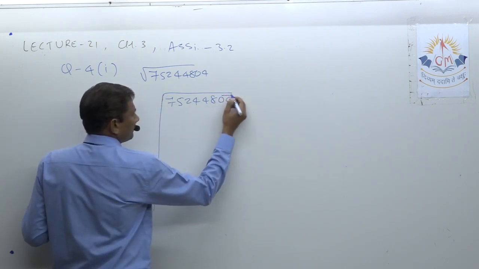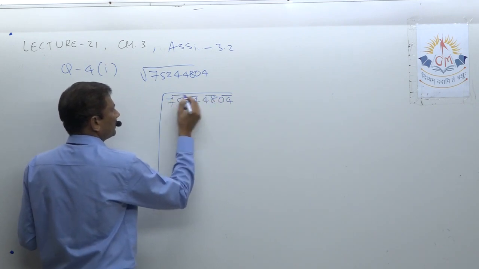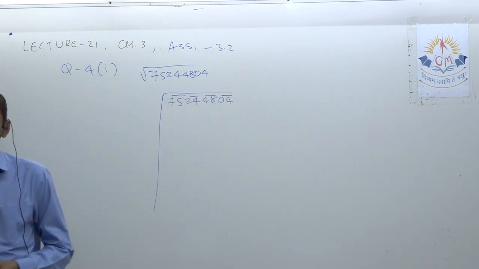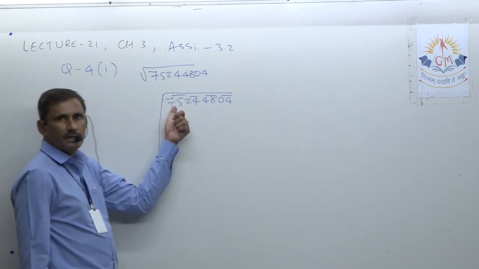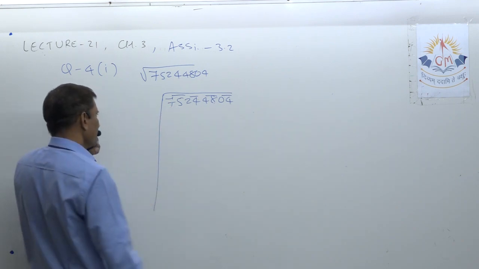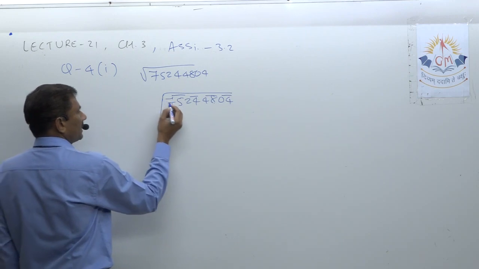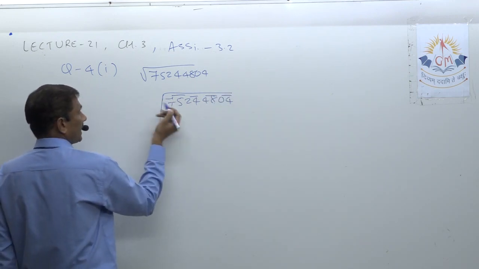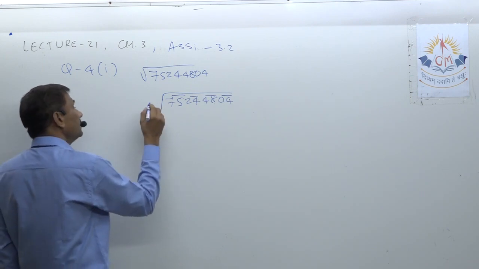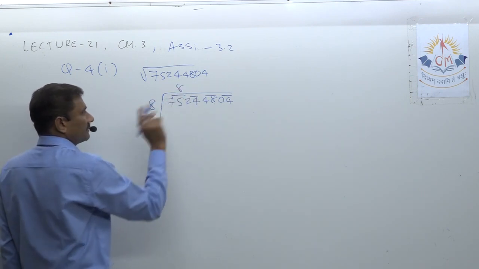Make pairs here. Now it is 75. So I go 1 1s are 1, 2 2s are 4, 3 3s are 9, directly reaching 7 7s are 49, 8 8s are 64, 9 9s will be more.